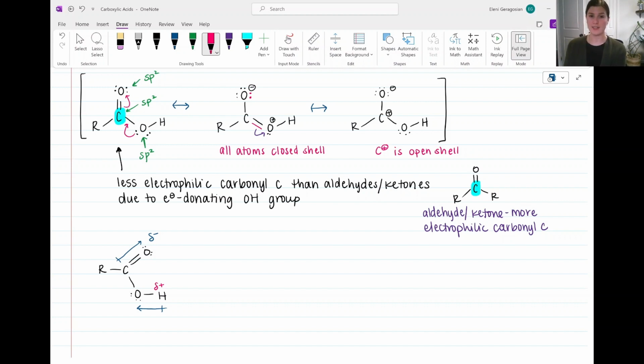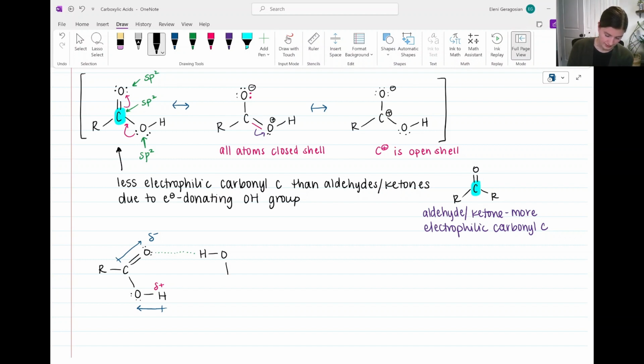And so carboxylic acids sometimes exist as what we call a dimer, where the carbonyl oxygen from one carboxylic acid molecule is hydrogen bonded, so a strong intermolecular force, to the hydrogen of another carboxylic acid molecule.